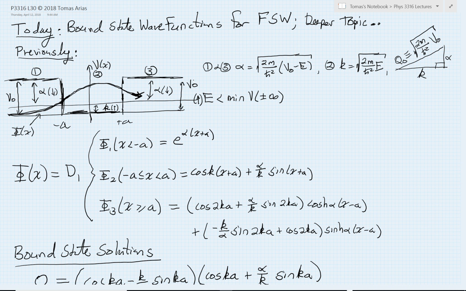I'm emphasizing this because it will become useful later in the lecture: we do find these special energies where we get exponential decay in both of these classically forbidden regions. But again, there's only one possible solution, up to a normalization constant, because we are predetermined by the exponential growth in region 1.